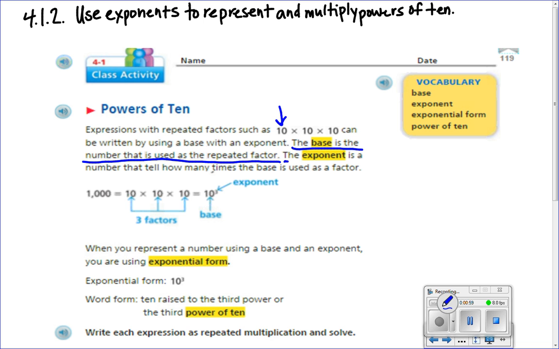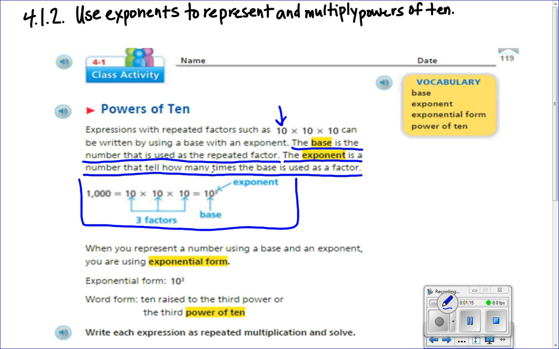The exponent is a number that tells how many times the base is used as a factor. If you write down this example with these labels, you'll have a good picture of what we're talking about. If you need to pause it right now, write those two sentences, and then you can press play to continue forward.